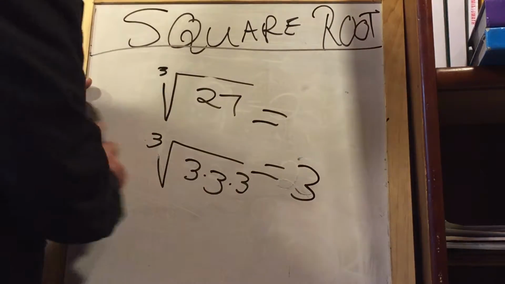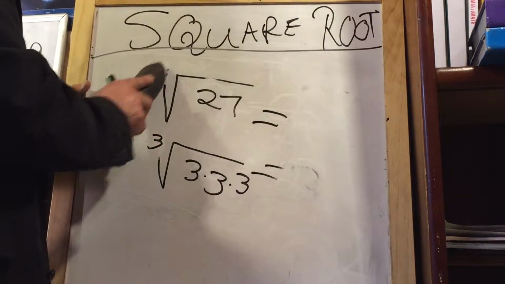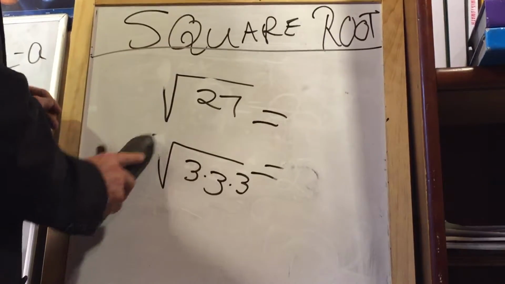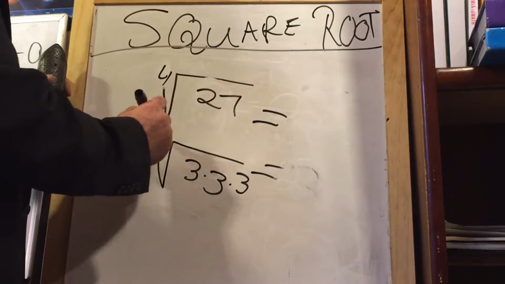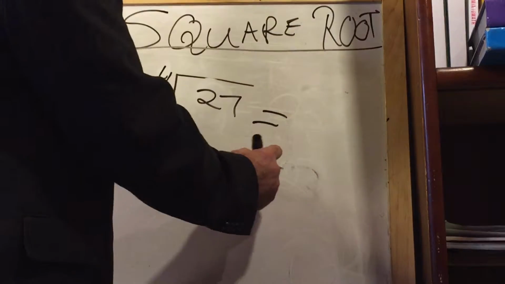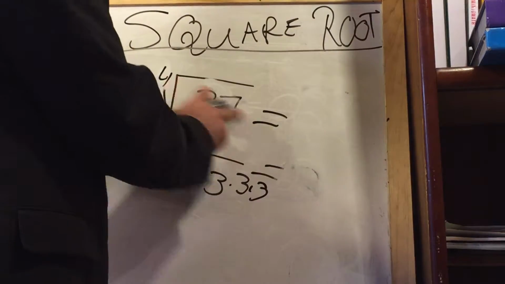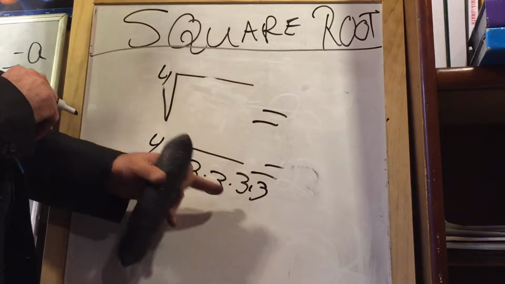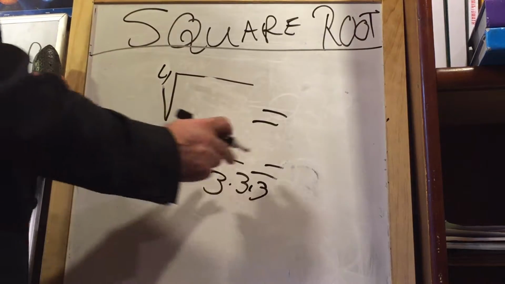Okay, but let's get back to the square root. I don't want to make it hard for you. If you have a fourth root here, we go 3 times 3 times 3 times 3.